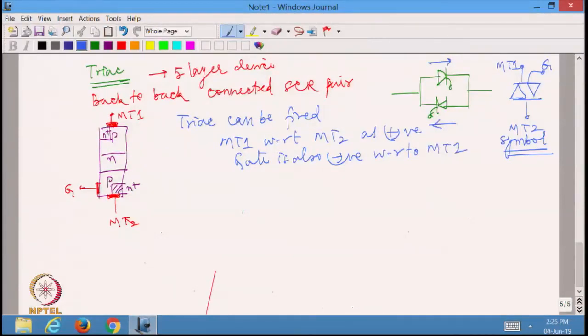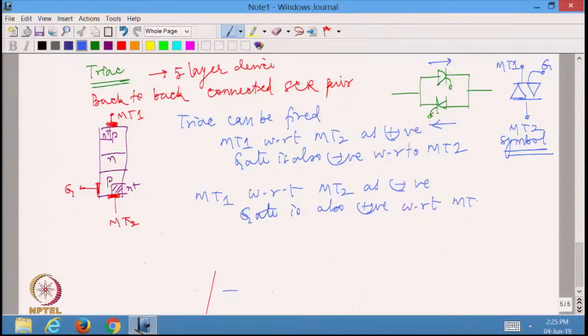Or I can also have MT1 with respect to MT2 as negative, which means MT2 is positive. At that point, gate is also positive with respect to MT2. So, I can have essentially any of them. So, gate can be positive pulse or negative pulse and it is always measured with respect to MT2 and I am going to have essentially the TRIAC being fired in either direction.